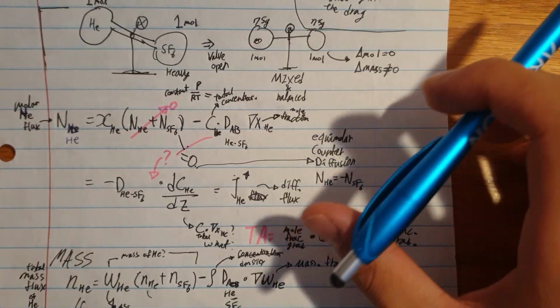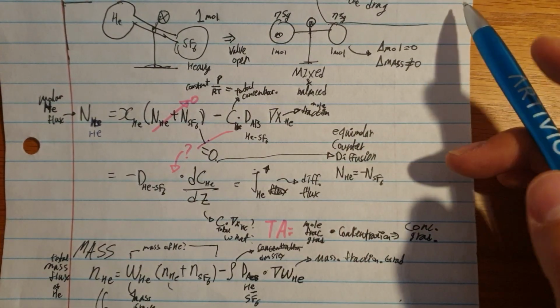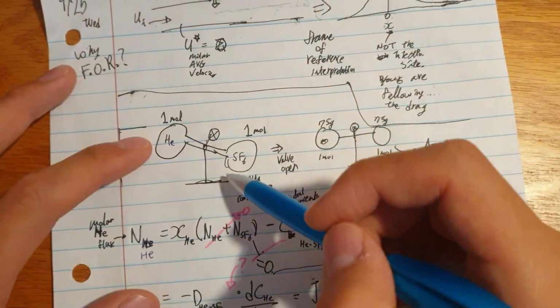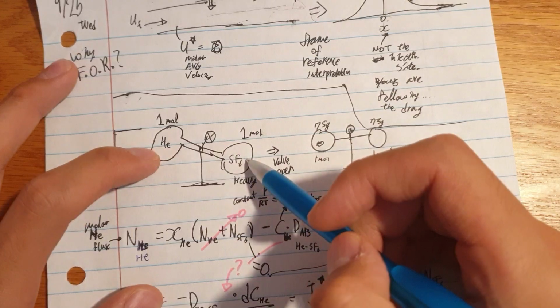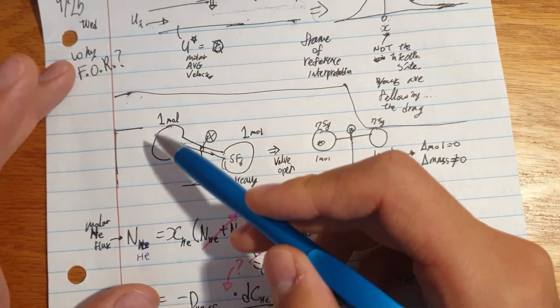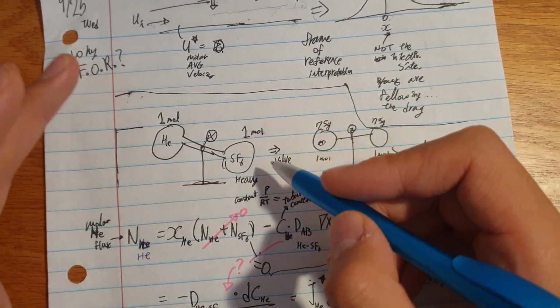And we talked about molar versus mass transfer, and why we do that. Here's one example. We have a system with two containers connected with a pipe, and a valve closing it in the middle. On one end we have 1 mole of helium, and on the other end 1 mole of SF6.